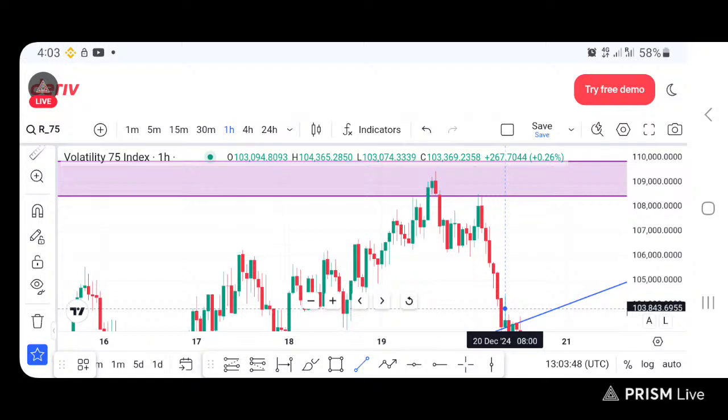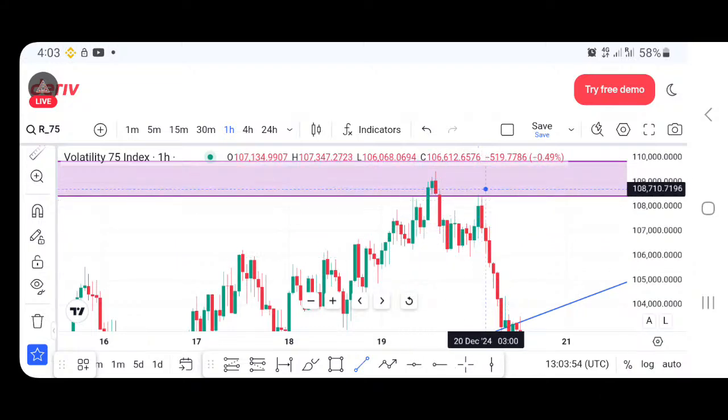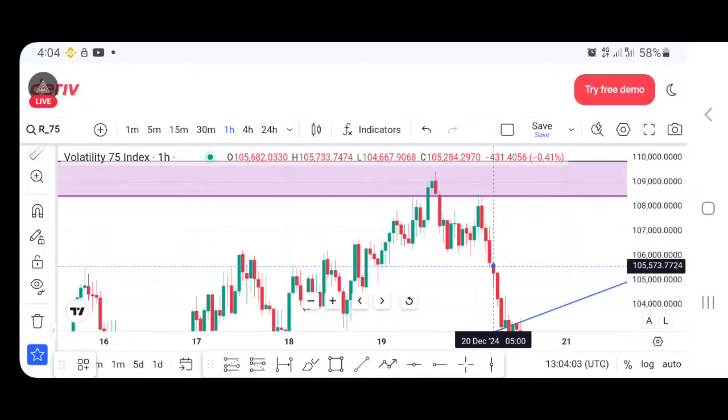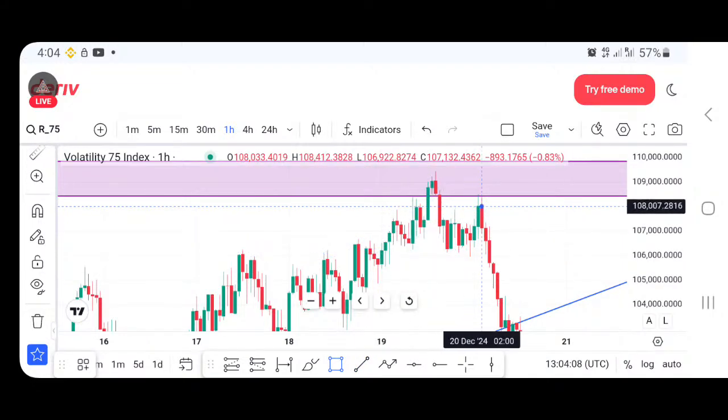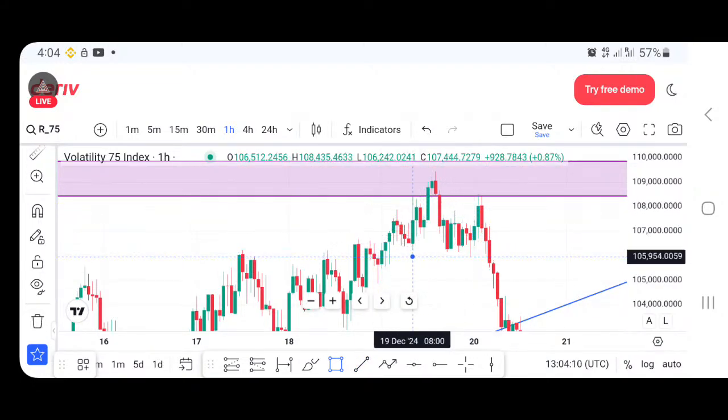The sniper entry, by which means it's already gone if the market does not come back around these areas here. If the market does not come back here, which means you can't get the second sniper entry. But we have to wait everywhere where it will come, because you can see here we have this order block and it has not been retested.